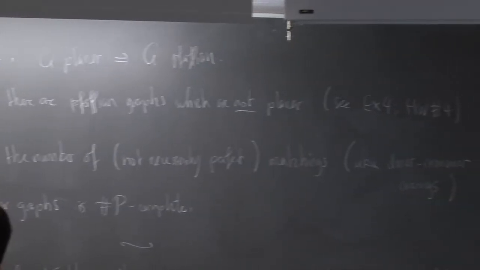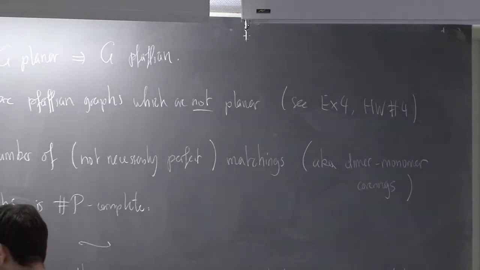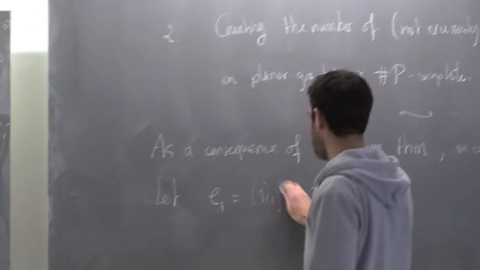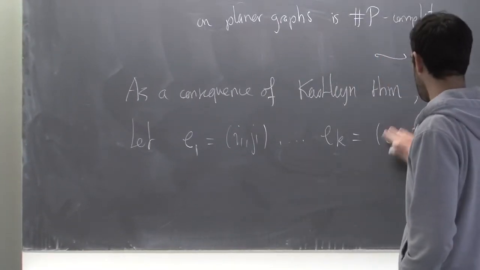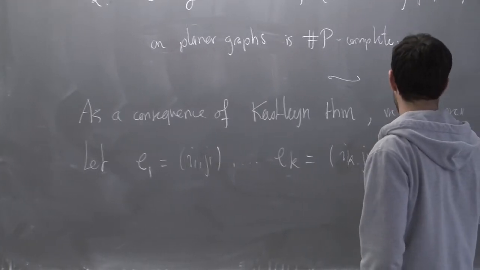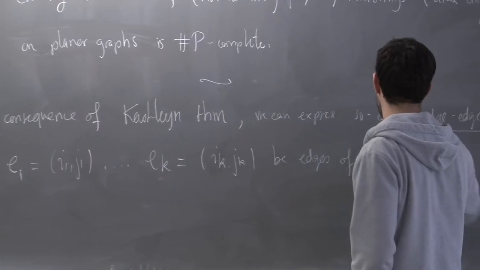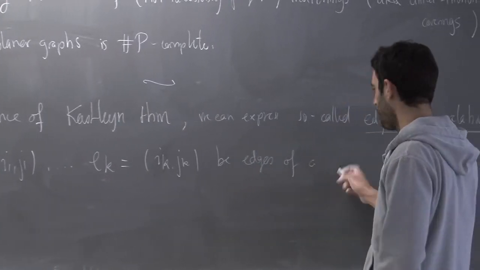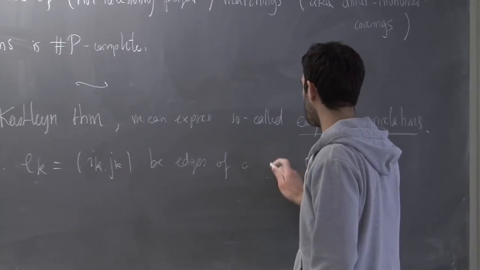So let E1, ..., EK be edges of the graph, edges of a planar graph. Well, let's just start with the abstract setting of a weighted graph.